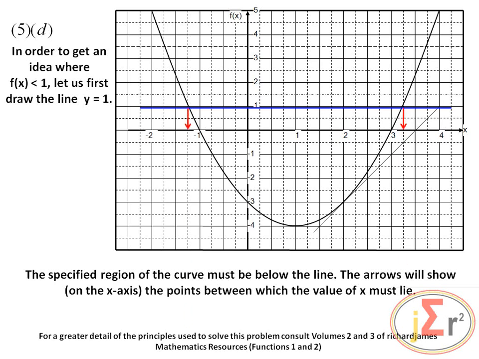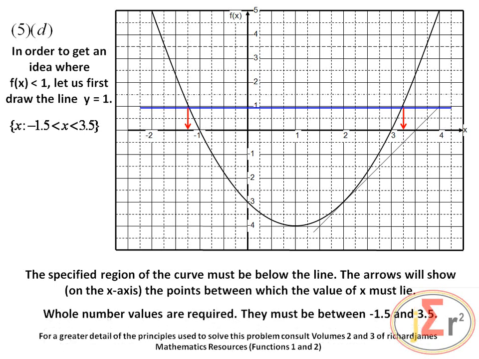So those points, we have them as negative 1.5 and positive 3.5. So the values are actually between negative 1.5 and positive 3.5, and that is represented by the set of x such that negative 1.5 is less than x is less than 3.5, and that of course is the most convenient format to write the answer.